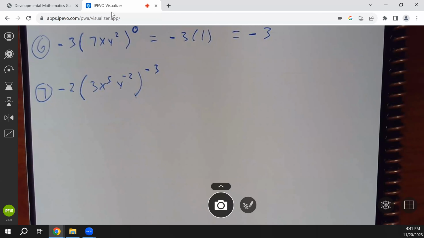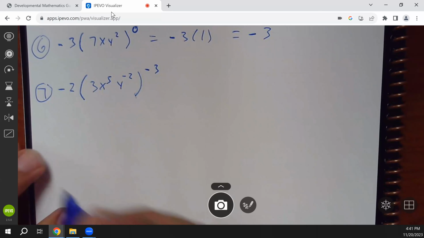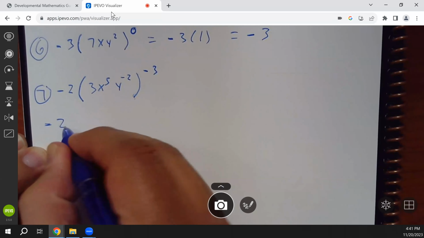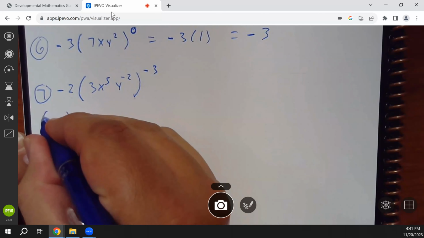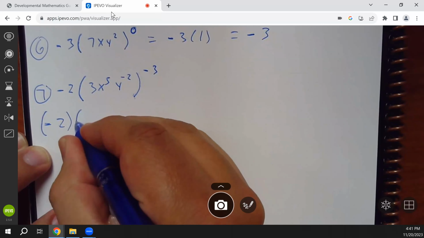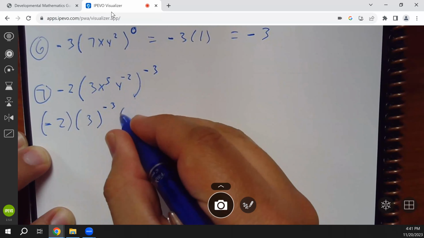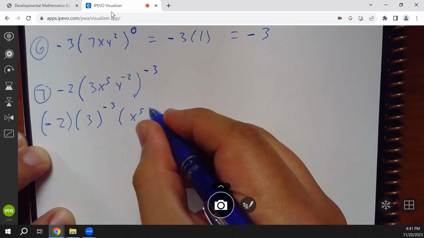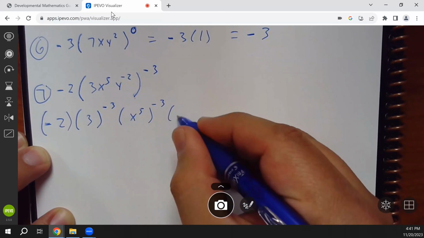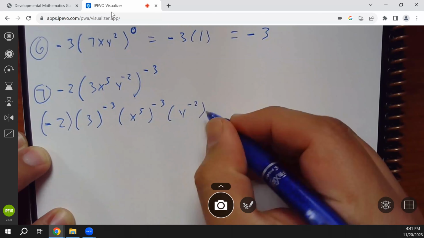You distribute the negative exponent. Just put it on each one, right? The negative 2 is just hanging out. Put it in parentheses. This 3 gets negative 3. This one gets a negative 3. This gets a negative 3.